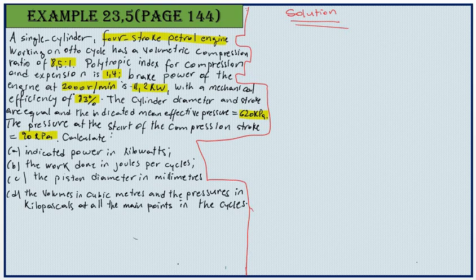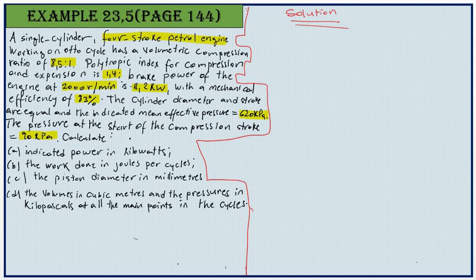Brake power of the engine at 2000 revolutions per minute is 11.2 kilowatts with a mechanical efficiency of 83%. The cylinder diameter and the stroke are equal, and the indicated mean effective pressure is 620 kilopascal.